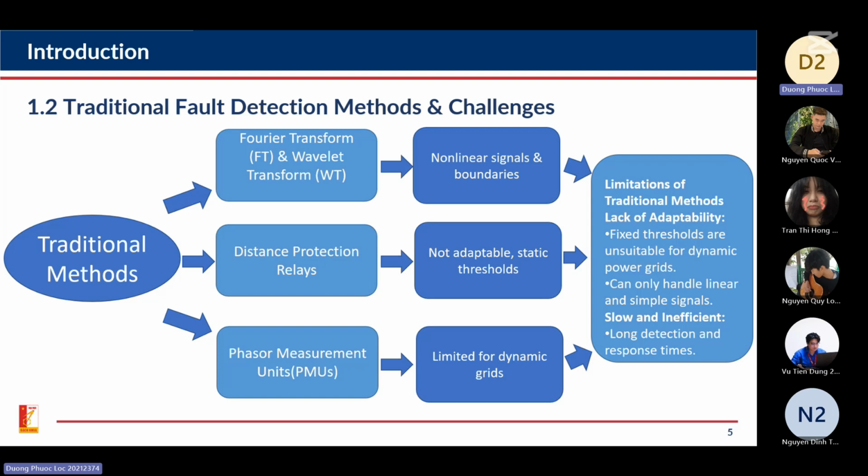We have, for Fourier transform and wavelet transform, they are just effective for linear signals. They struggle with nonlinear signals and dynamic conditions, which are common in real-world power systems.